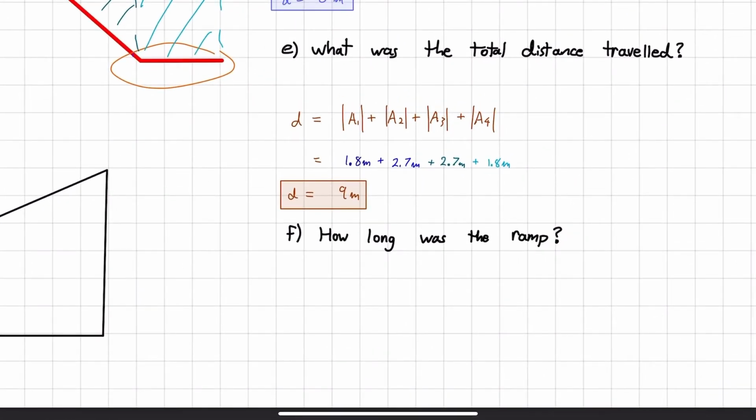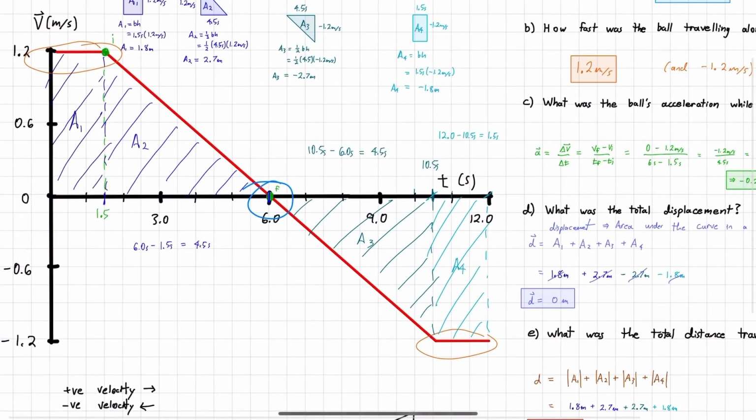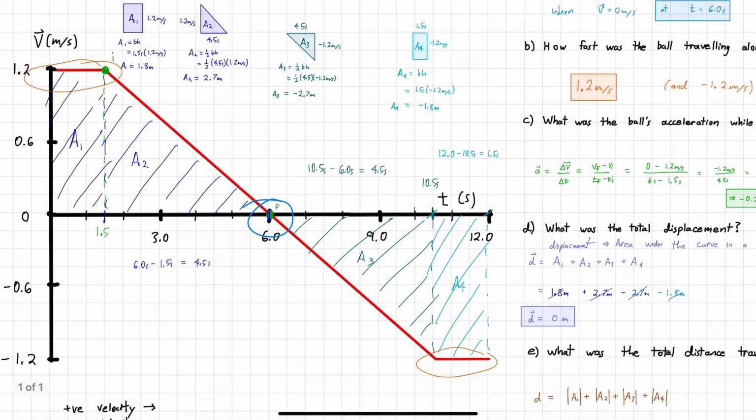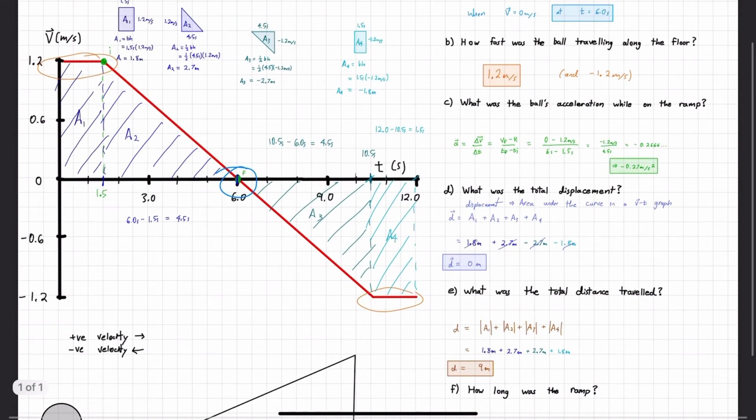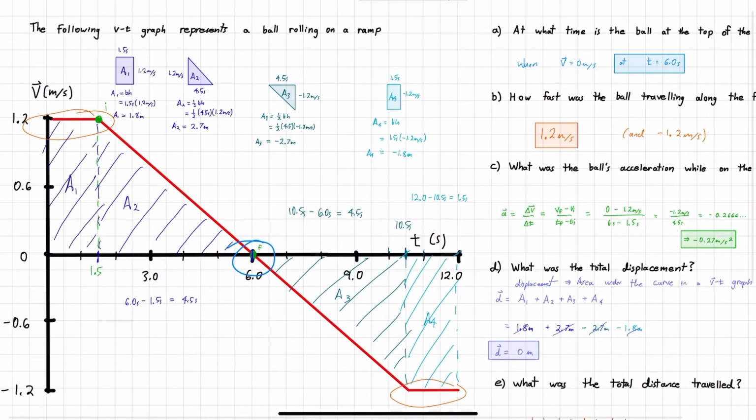And the last question, part F, how long was the ramp? Now, some of you might be able to already know how long the ramp is just by looking at what we've done so far.